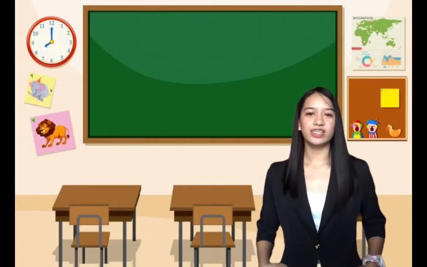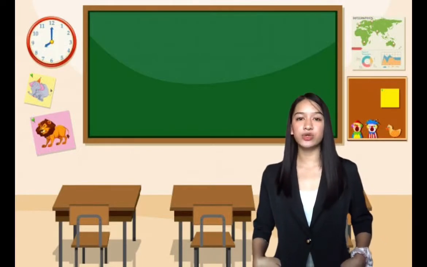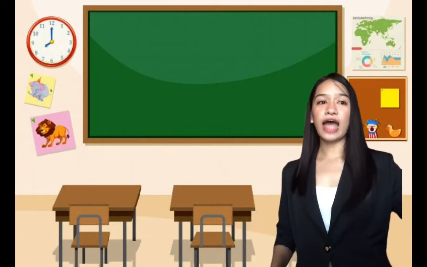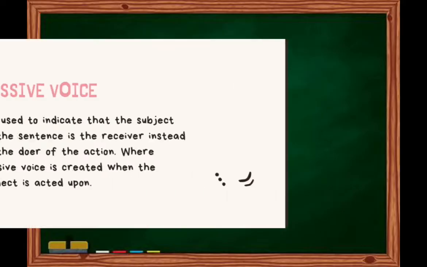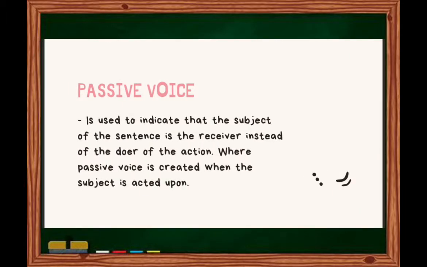Oh, very good. So now let's proceed to passive voice. What is a passive voice? Passive voice is used to indicate that the subject of a sentence is the receiver instead of the doer of an action, where the passive voice is created when the subject is acted upon.